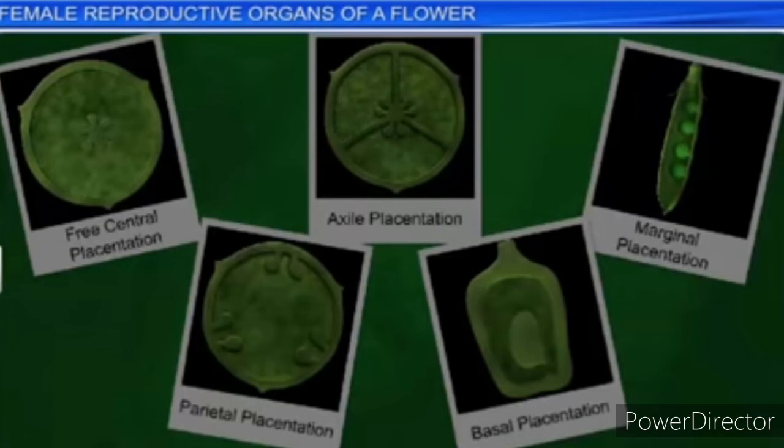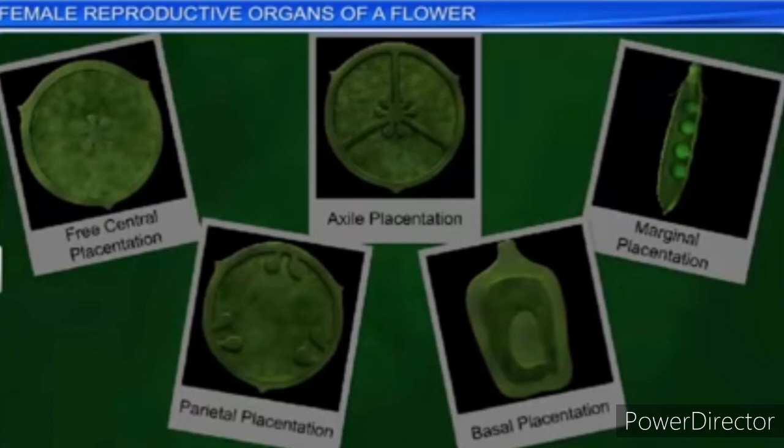Then, what is placentation? The arrangement of placenta or ovules inside the ovarian structure is called placentation. Last year we studied the arrangements of placentation. What are the arrangements?